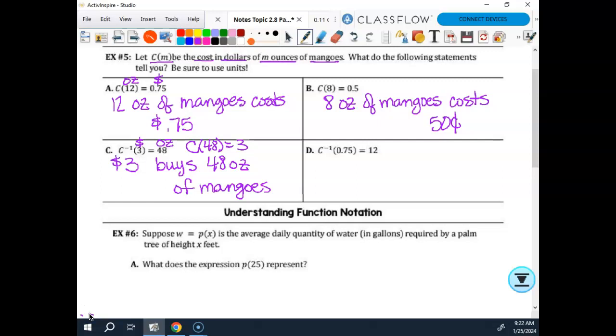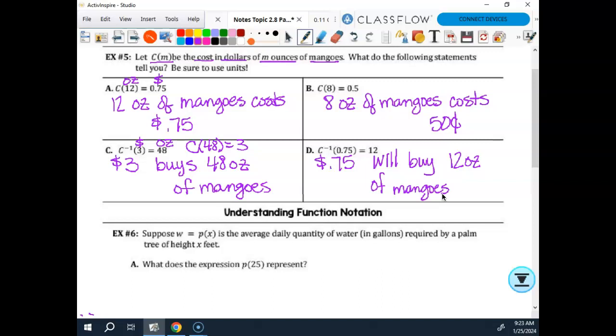So C inverse of 0.75 equals 12. What does the 0.75 represent? 75 cents. So 75 cents will buy, or buys, I don't know why I'm writing it differently this time, will buy 12 what? Ounces of mangoes. Which if you look at A and D, they're almost the exact same question, right?